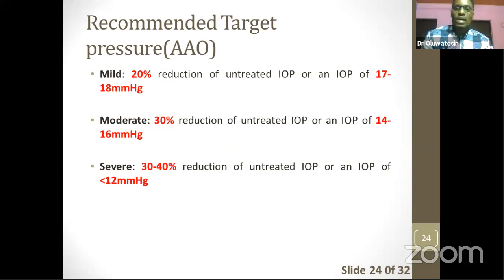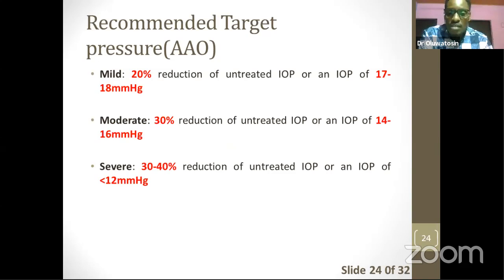So when we are combining the two together, the percentage and also the absolute value, recommendations from AAO suggest that for mild disease, a 20% reduction of untreated intraocular pressure, or an intraocular pressure of 17 to 18 millimeters mercury.